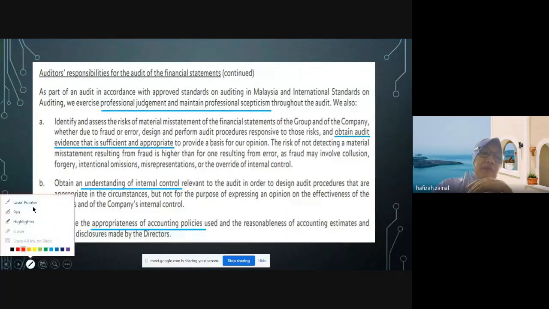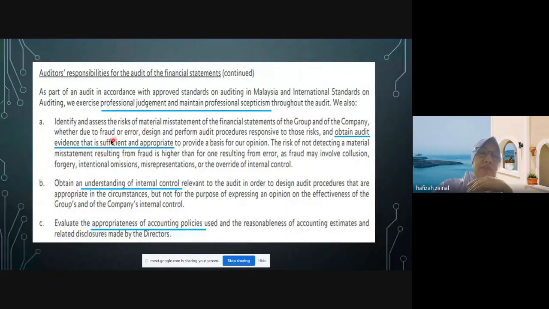They also have to ensure that the evidence is sufficient and appropriate, which are the criteria of the evidence. And then internal control we also assess. Accounting policies we also assess. So as an auditor, there are lots of things that we must be familiar with in order to do the audit work.